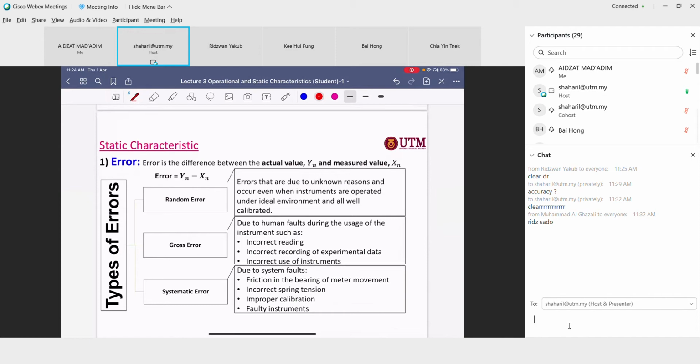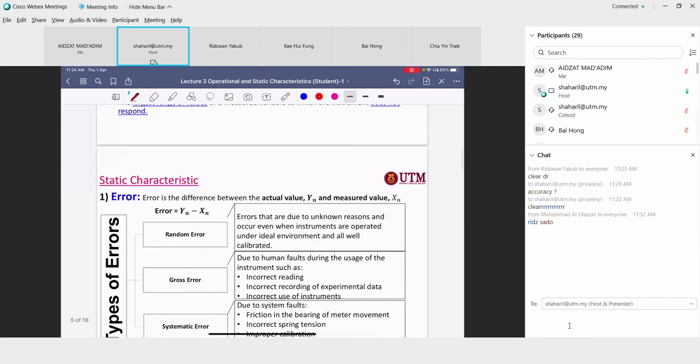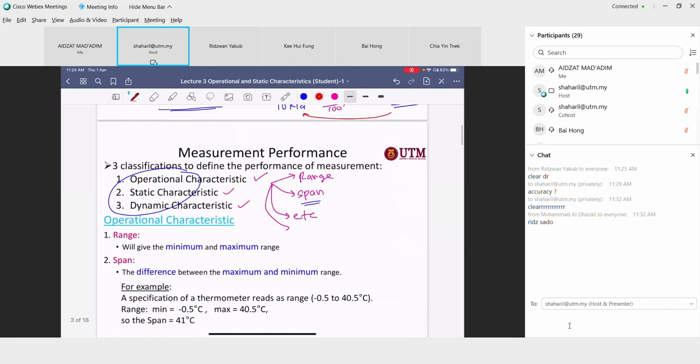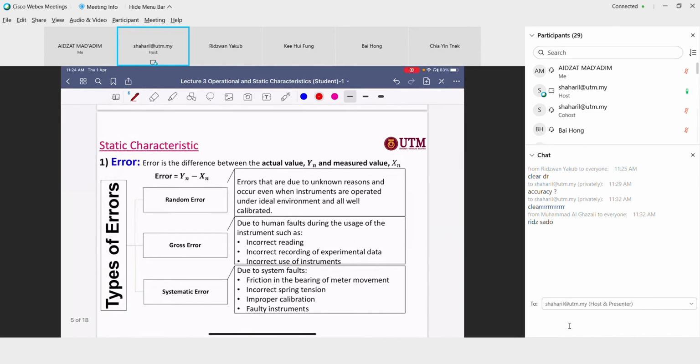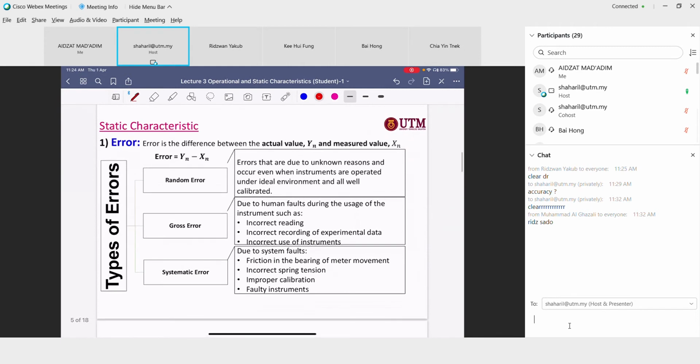Sorry guys. Okay. Alright. This is the operational characteristic. And then the second one is static characteristic. Static characteristic has two parameters, which are the error and the accuracy.